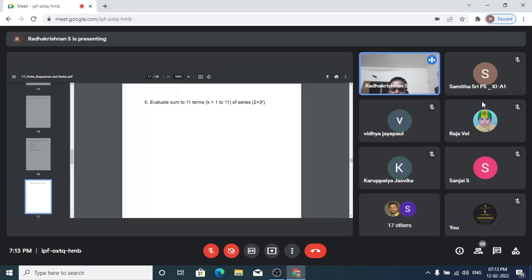Write it out one by one; if we can't visualize it quickly, what if we put k equal to 1? We get 2 plus 3, the next term 2 plus 3 square, the next term 2 plus 3 cube. You can see that 2 is coming constantly. We can group the 2s together and the 3 powers separately, then evaluate the sum of these two groups.